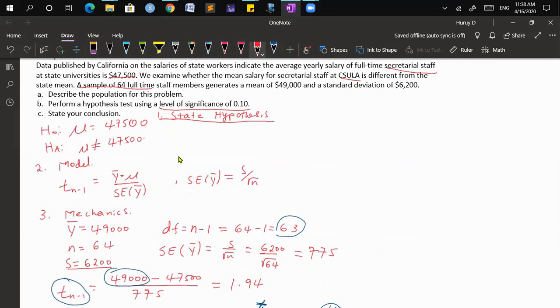And our alternative hypothesis is that's not the case. It's not equal, or it is different. So we reject this equality, which means the mean salary of the secretarial staff in this university is not the same as the state mean.